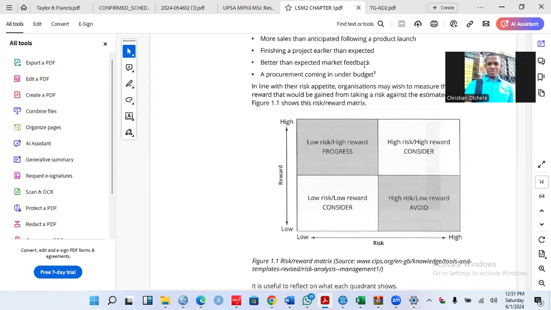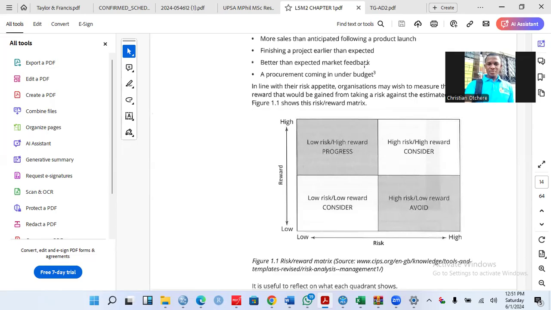A routine supplier usually supplies stationery and all that, items of low value to the organization. If you switch to a new routine supplier, it's the same low value of items that you are going to buy. And if you look at the project metrics, low value items or routine items do not have a major impact on the organization. Or we can say that the strategic importance of these items is low. So the reward is not that high. It's still low.